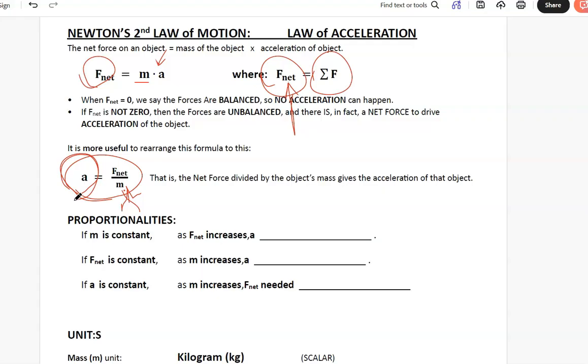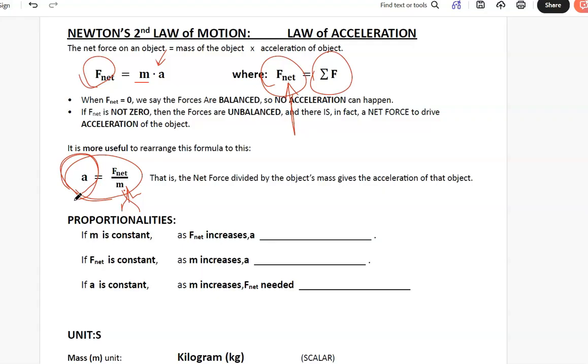If the net force is not zero, that means the forces aren't canceled out, they're not balanced, they're unbalanced. So that means there is some net force to drive acceleration on an object. It might not be a very impressive acceleration, it might be a positive acceleration, it might be a negative acceleration, but there's going to be some acceleration if there's some net force on any object.